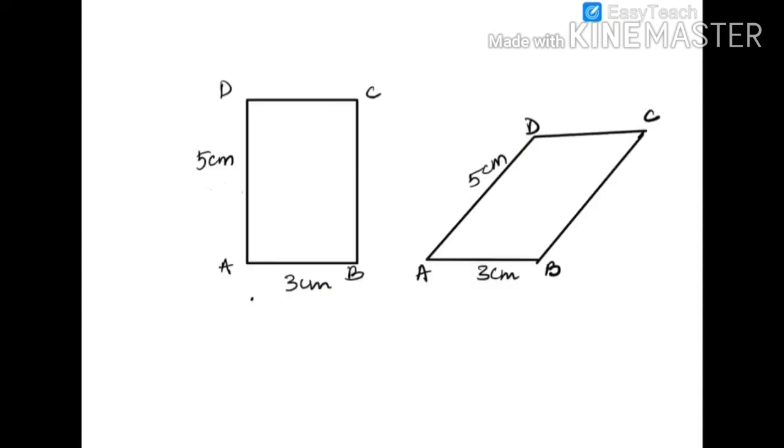Look at these two figures. The first figure is a rectangle ABCD and the second figure is a parallelogram ABCD. Notice that AD is 5 centimeters in both the figures and AB is 3 centimeters in both the figures. So these two quadrilaterals will have same perimeter.